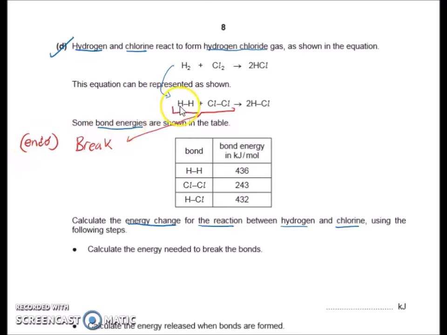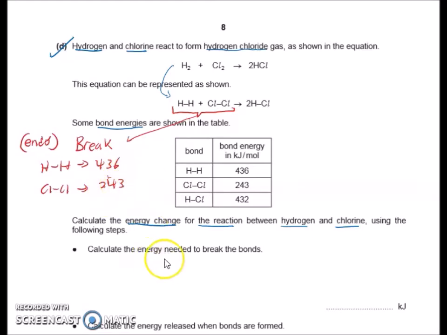So hydrogen and hydrogen is 436. Now we look at chlorine and chlorine. When they break the bond, we need 243.